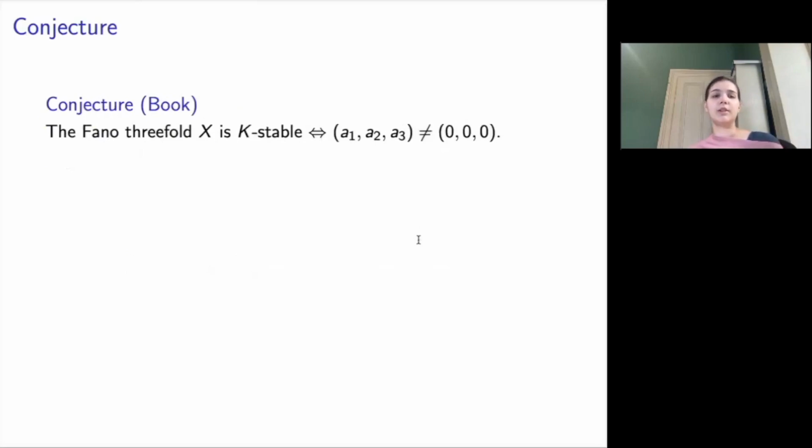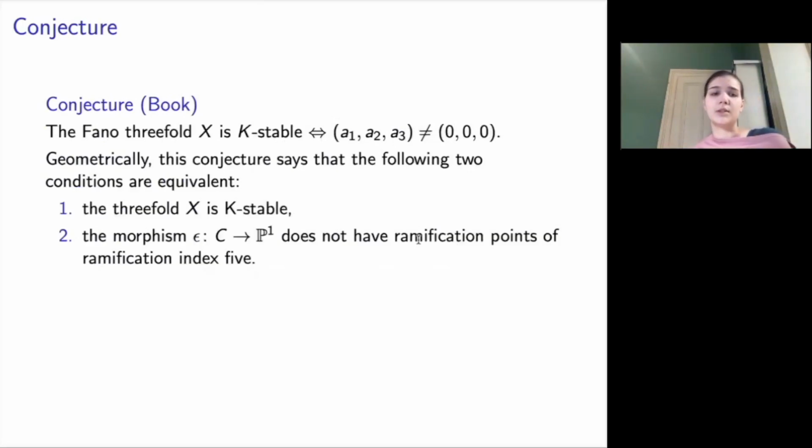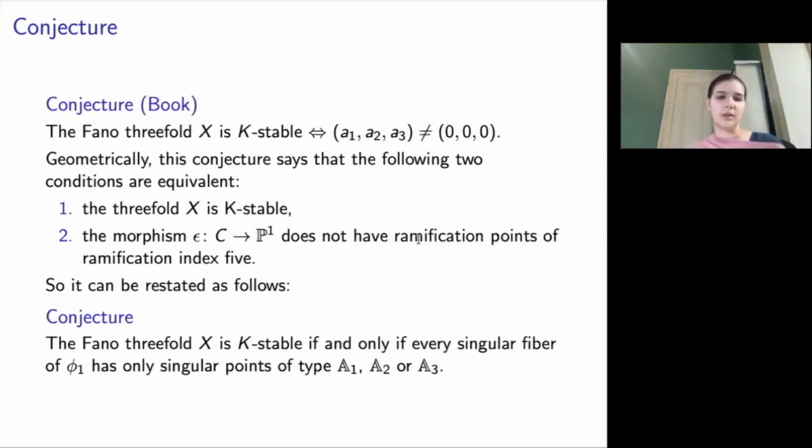And the conjecture in the book was that the threefold X is K-stable if and only if the first three coordinates are non-zero. And geometrically, it can be restated that the morphism at which we looked initially doesn't have ramification points of index 5.